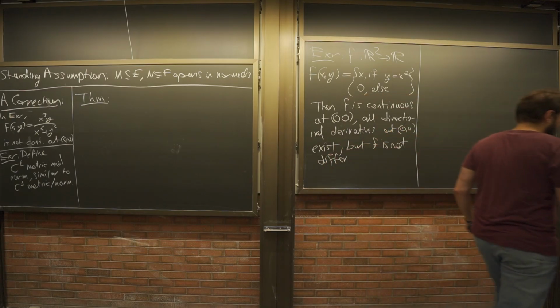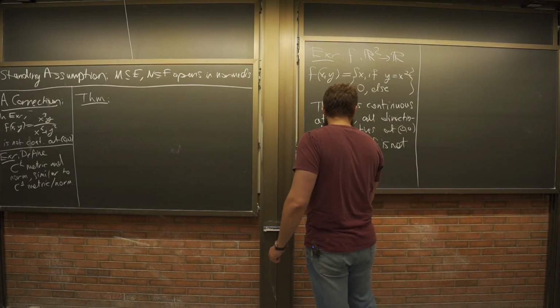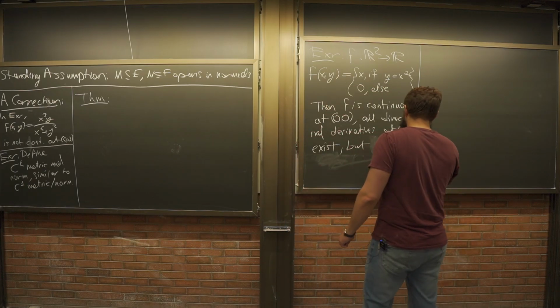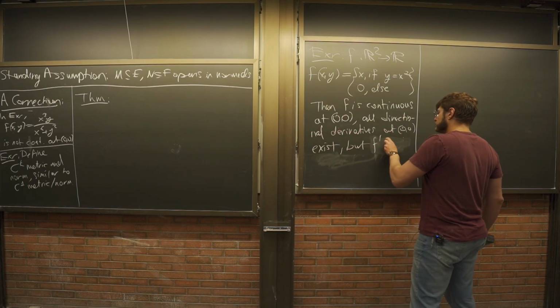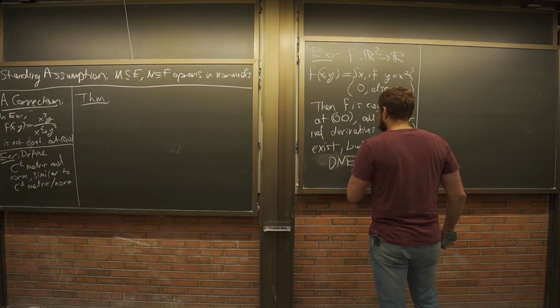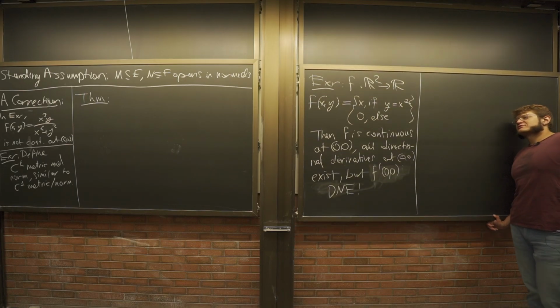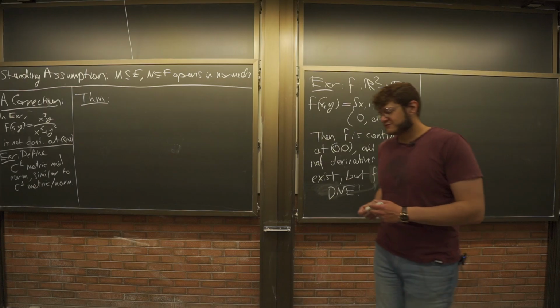So f prime of (0, 0) doesn't exist. So somehow directional derivatives, they're not nice enough things.